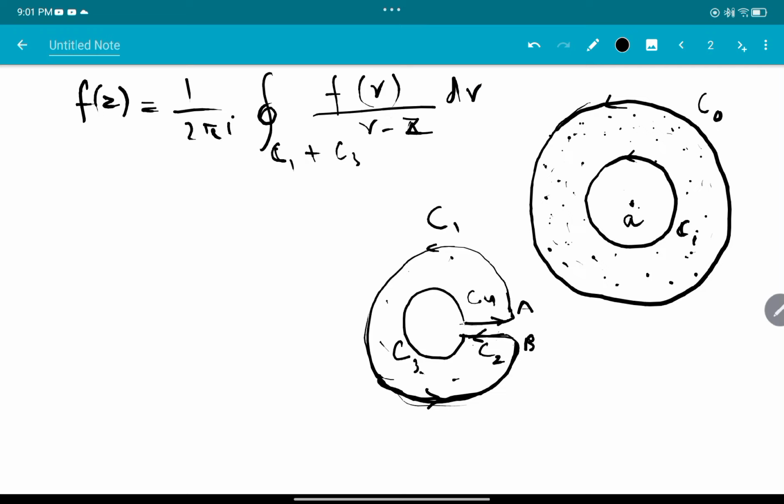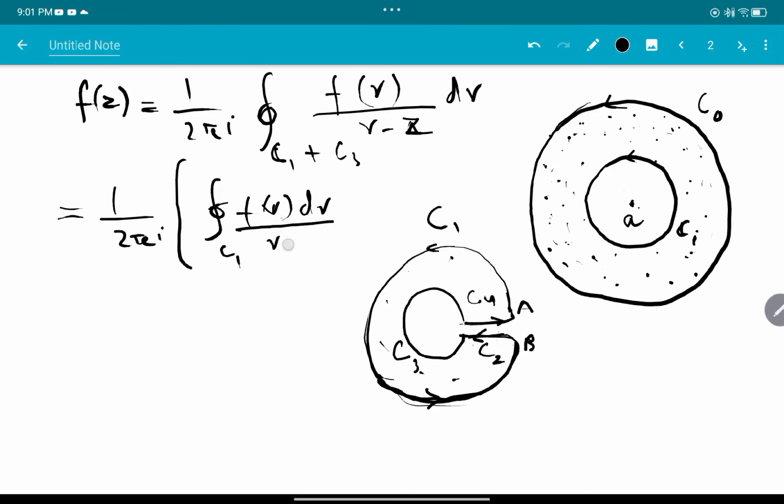So we break this into two parts. f(z) will be equal to 1 by 2 pi i, that is common, and then we have the integral over C1 of f(gamma) d gamma divided by gamma minus z, plus the integral over C3 of f(gamma) d gamma divided by gamma minus z.